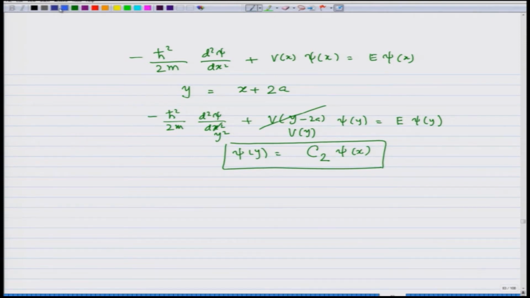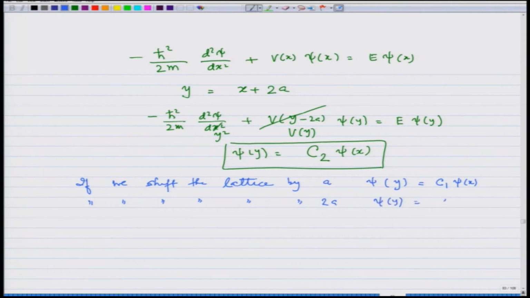So, remember now, if we shift the lattice or the potential by a, I get psi(y) equals C 1 psi(x), and if we shift the lattice by 2a, I get psi(y) equals C 2 psi(x).